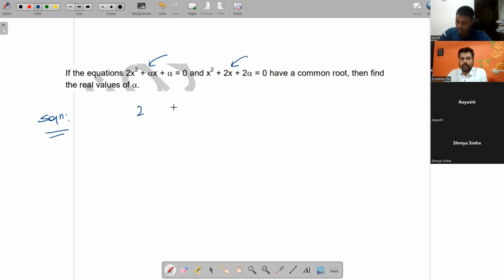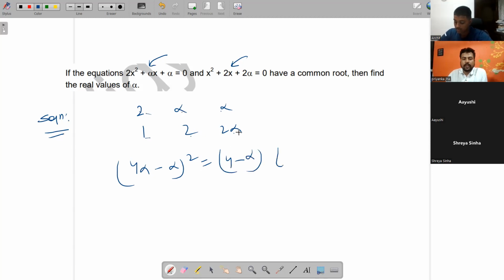Take the coefficients of both the equations like this, 1, 2, and 2 alpha, and just apply that condition of having one root common. That is 2 into 2 alpha minus 1 into alpha whole square equal to 2 into 2, 4 minus 1 into alpha. And then alpha into 2 alpha, that is 2 alpha square minus 2 into alpha.